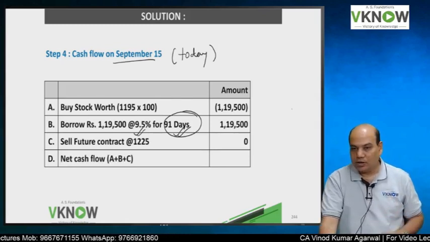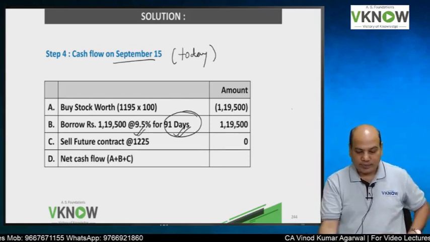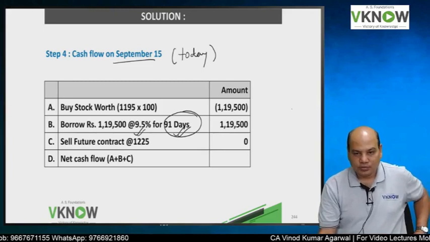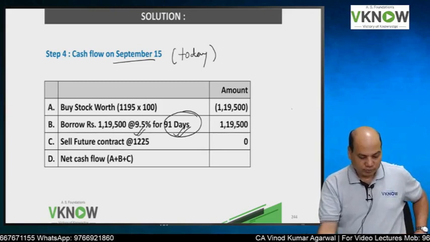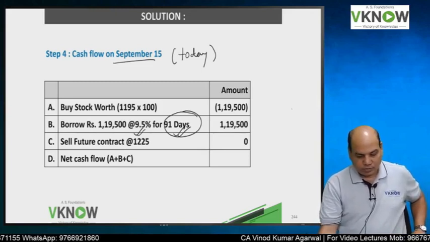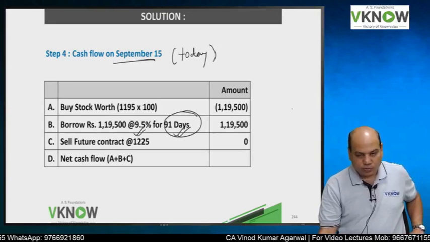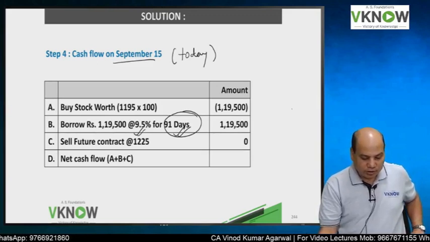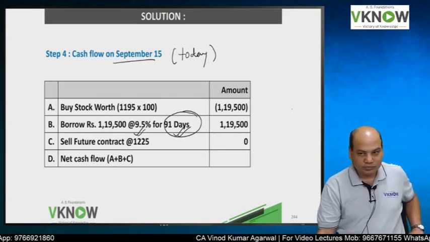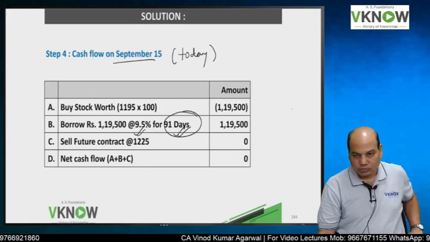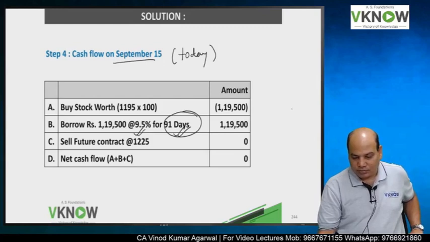So what is my net cash flow today? Net cash flow today is A plus B plus C. Yes, Mehul, what is net cash flow today? Rangaiya, what is net cash flow today? 0. Positive, negative, cancel out.